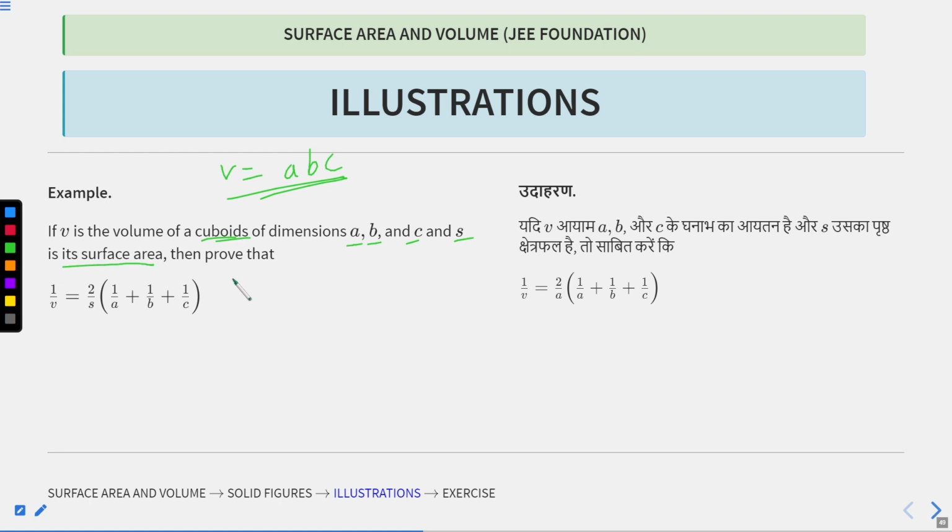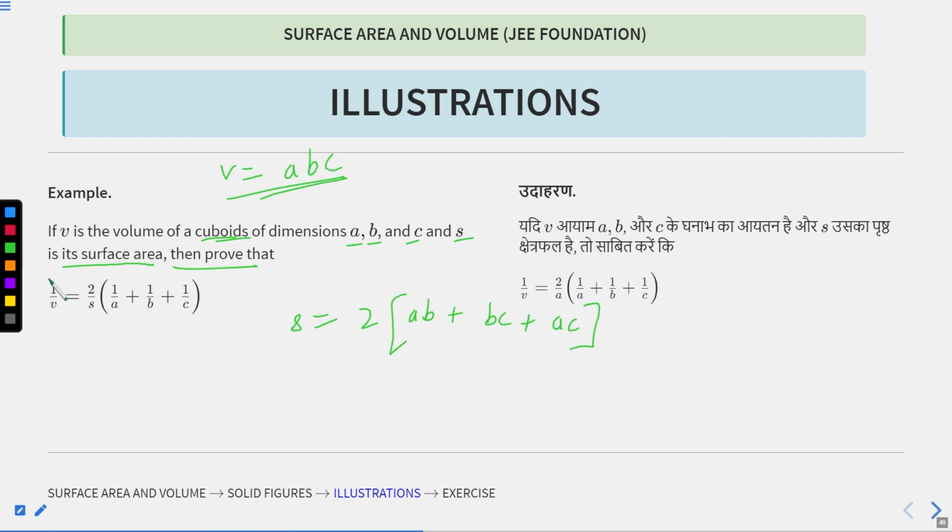If you recall, the cuboid surface area is 2 times length into breadth, which is AB, breadth into height, which is BC, and length into height, which is AC. I hope this is clear.